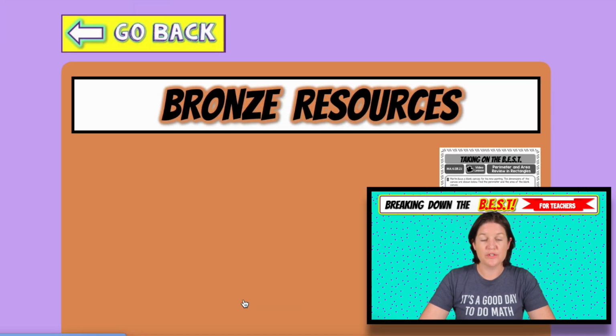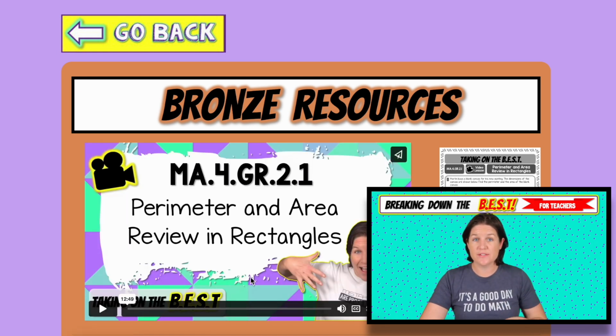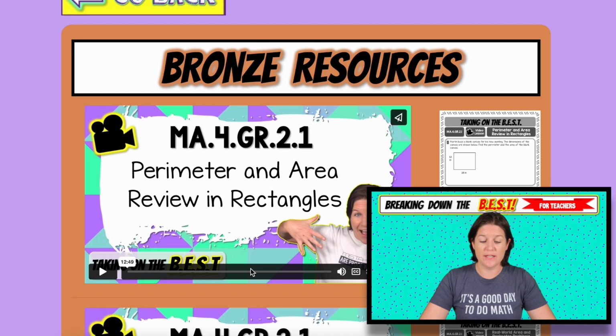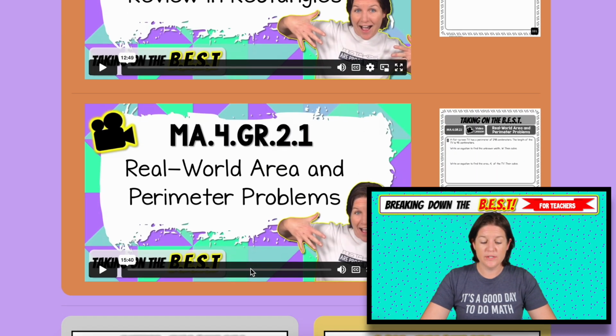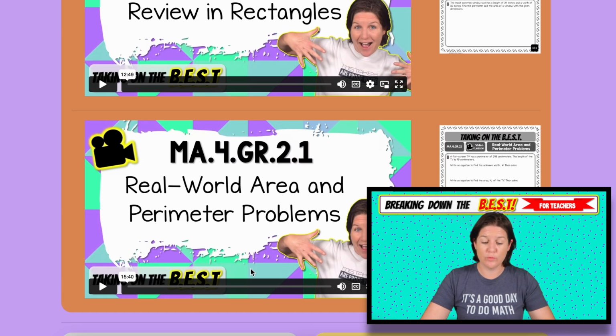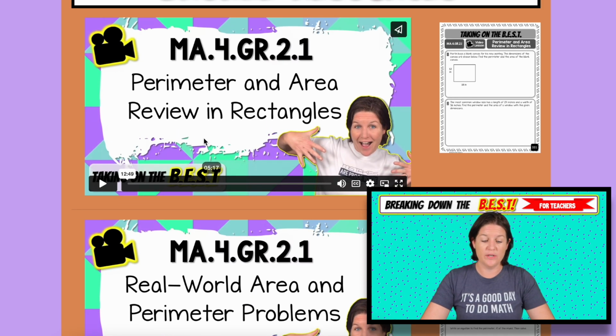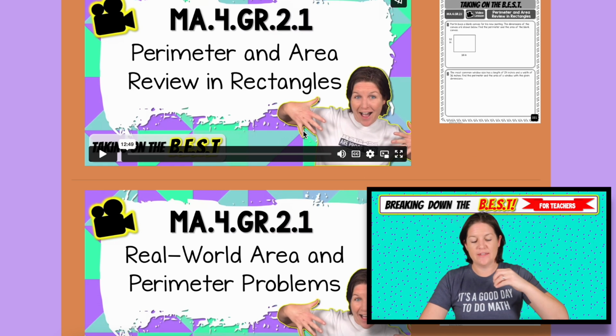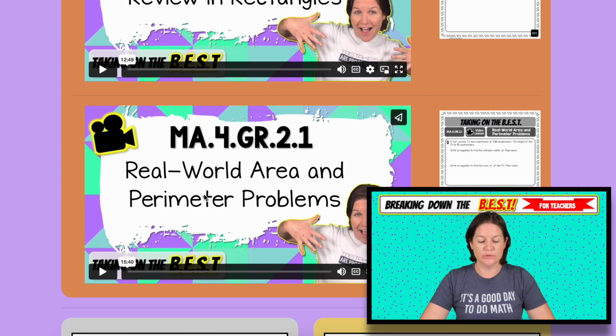When you open up, the first thing that you'll open up to are your bronze resources. These are your video lessons and printable student guides. So you can see we have 2 video lessons for this standard where we're breaking down the perimeter and area review in rectangles. So this is kind of like tying in what they've learned in 3rd grade and then matching that 4th grade real world area and perimeter problems here.